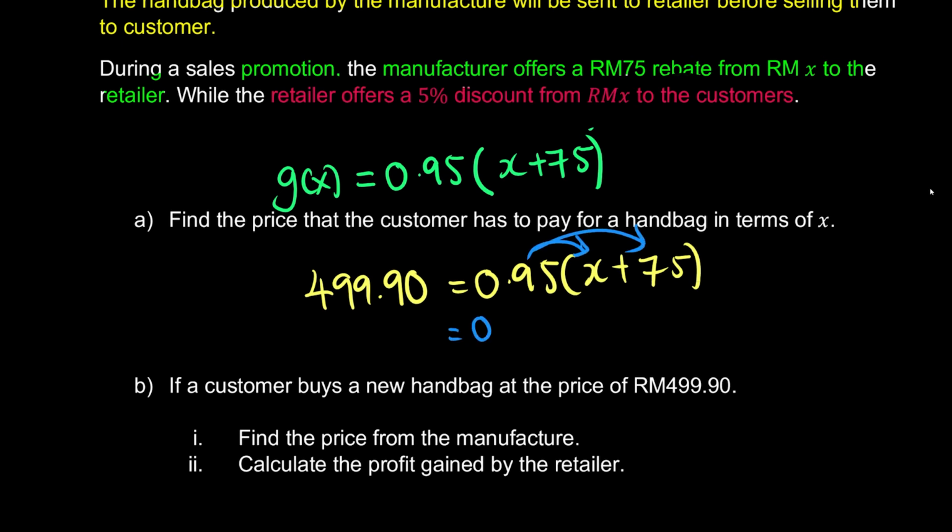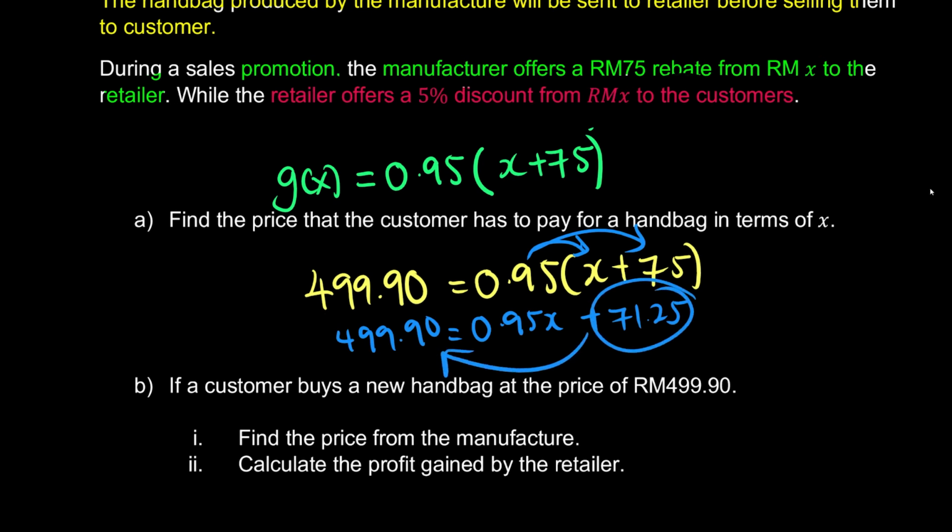So we just compute this one by expanding. We will have 0.95x plus 71.25 is equal to 499.90. So if you minus this one, 499.90 minus 71.25, because we know it's a plus, go over there, become minus. So if you minus it, you will have 428.65 is equal to 0.95x.